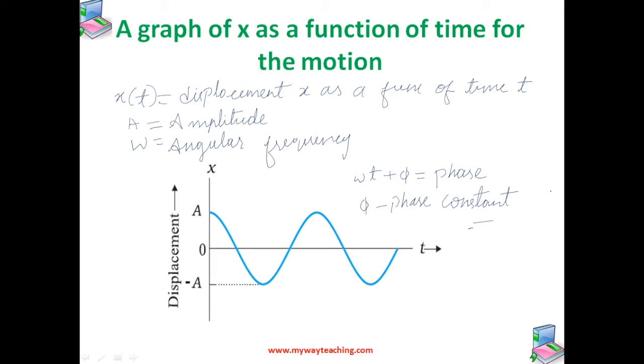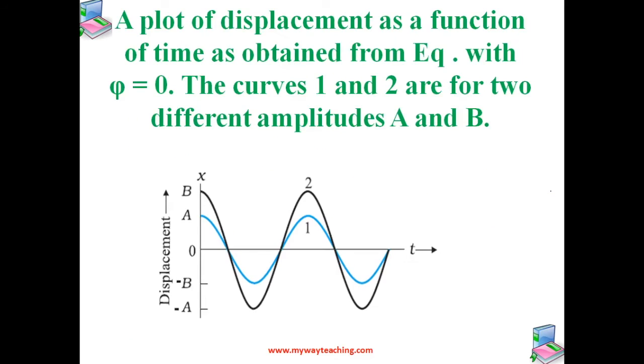And the amplitude A of the simple harmonic motion is the magnitude of maximum displacement of the particle. As the cosine function of time varies from +1 to -1, the displacement varies from plus A to minus A. Two simple harmonic motions may have the same omega and phi but different amplitudes A and B, that you can see in this figure.